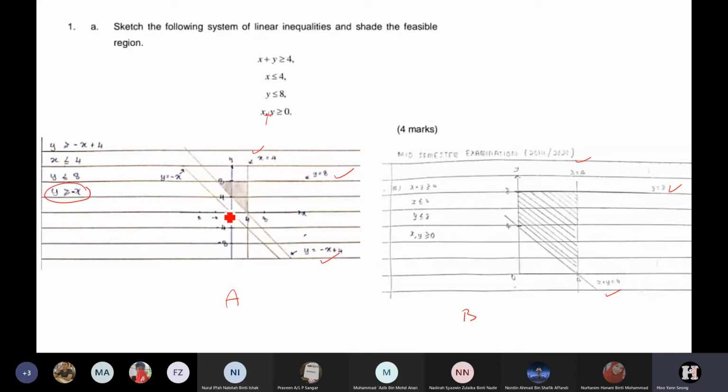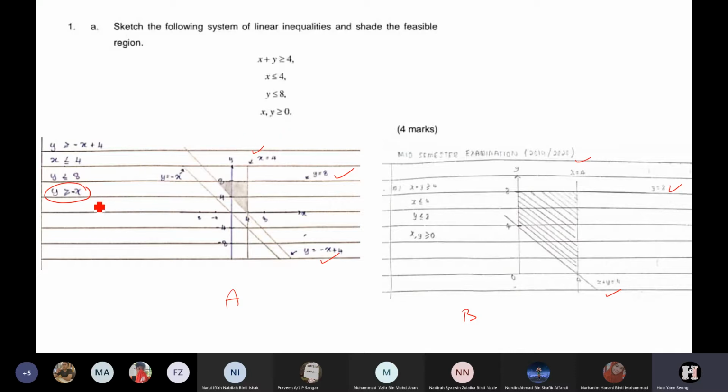This means he interpreted the inequality wrongly. Although he did draw the line correctly, your marks will still be deducted, because this is not my actual question. My actual question is xy greater than or equal to 0.